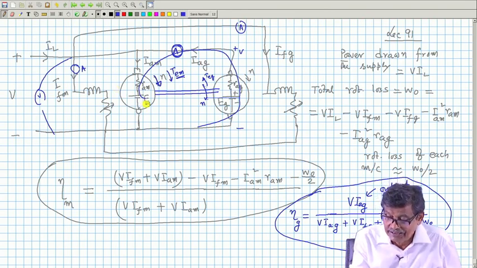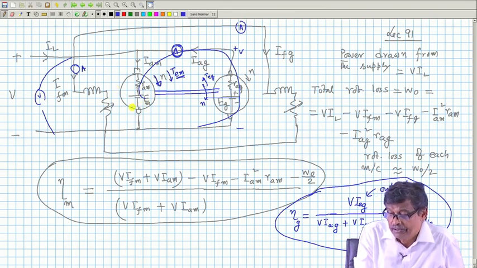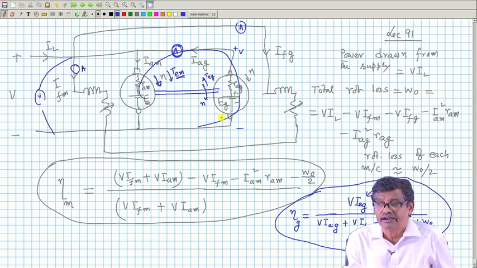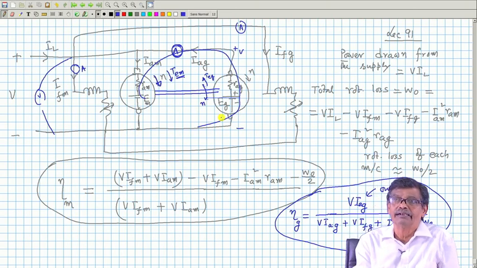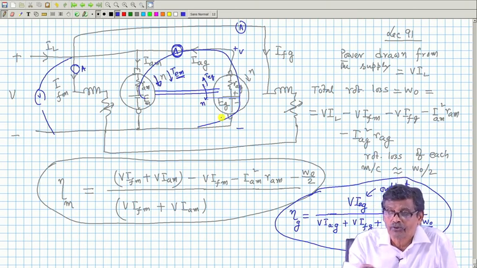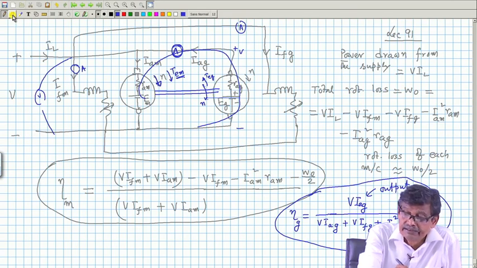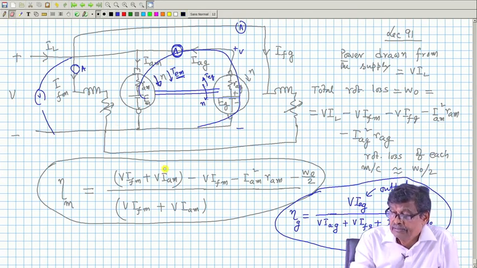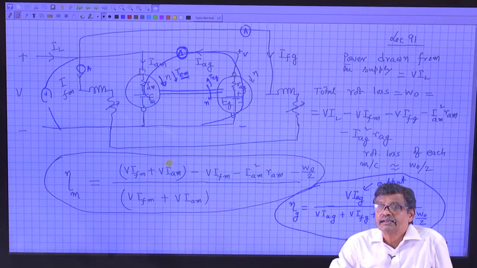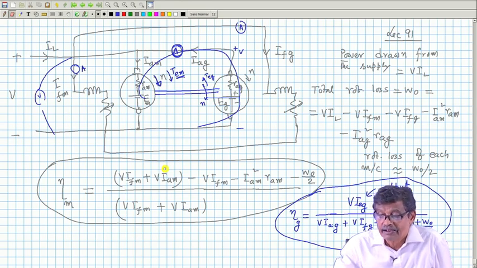Got the point? It is the fight between EM and EG, who is larger, that will decide whether this fellow is motor or generator. Generally, the machine whose field current is larger will act as a generator, and the one whose field current is small will act as a motor.